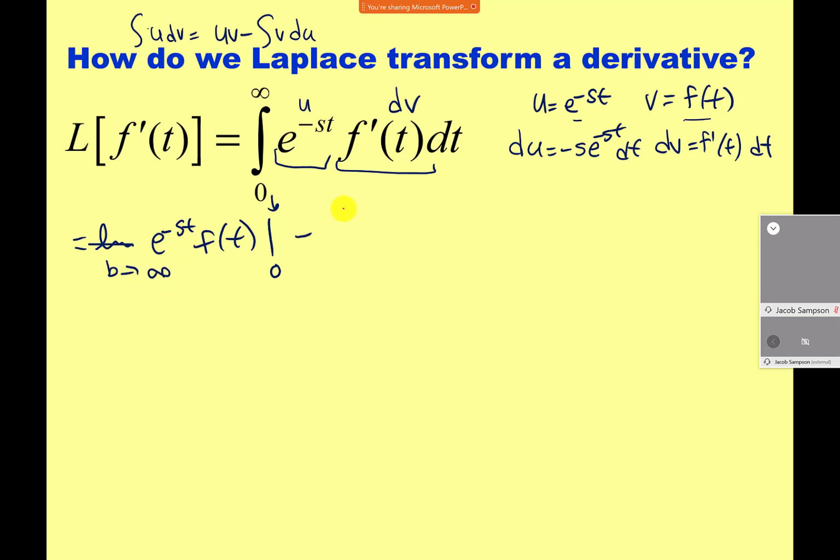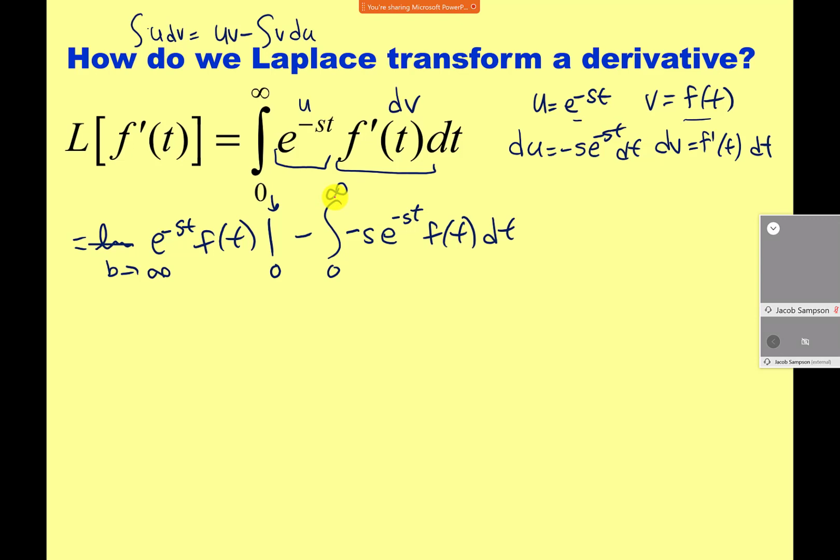And then I have minus the integral of v du. v is f of t, and du is negative s e to the minus st, and then we've got our f of t and dt. So this is still from 0 to infinity.